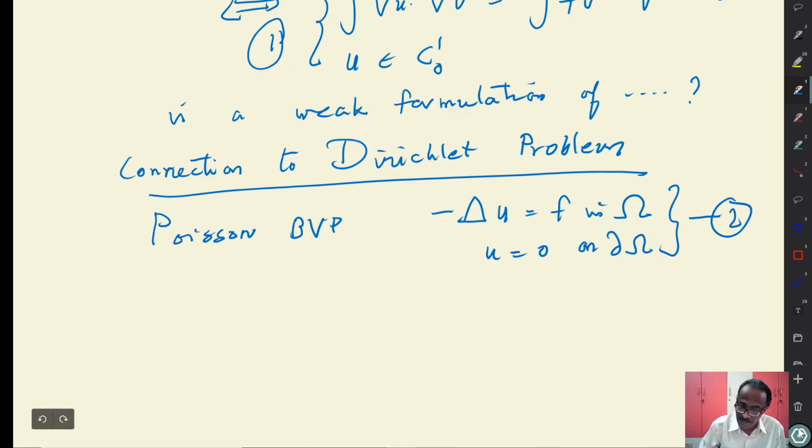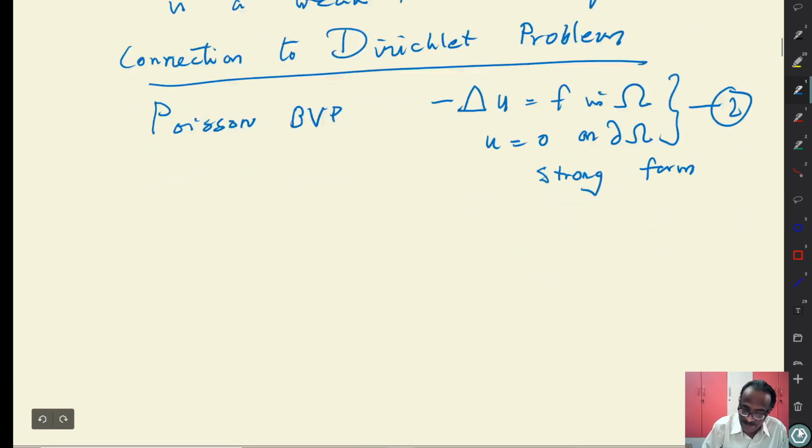This is your PDE, also known as the strong form, because you have a weak form and a strong form. I want to see the connection between them.